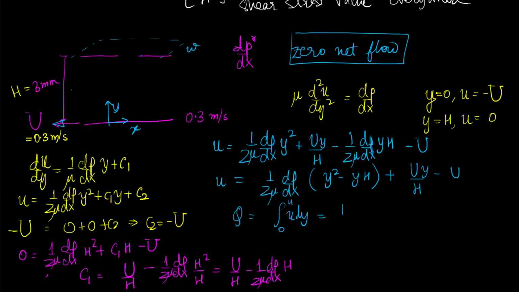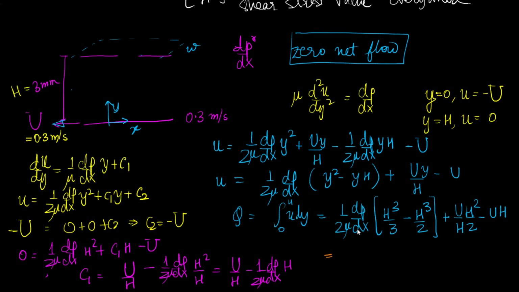So what do we have? It's 1 by 2 mu dp dx times y cube by 3 going from 0 to h, so this will be h cube by 3, minus y square by 2 times h, so this will be h cube by 2, plus U upon h times y square by 2, so this will be h square by 2, minus U times y, so this will be h.